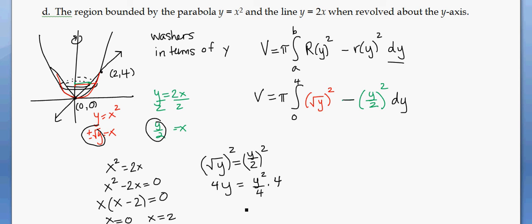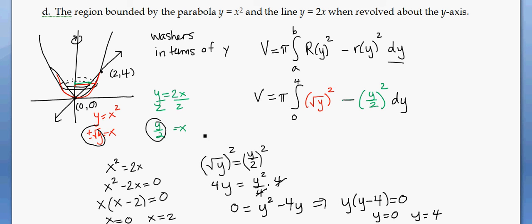So now I've got just y squared over here, and I could subtract the 4y over to the other side since it's quadratic. And then, again, factor out the greatest common factor. And so zero product property would tell me my two y values are 0 and 4. So I could have gotten those y values directly. And it doesn't matter which way you do it. It's whatever you like best.